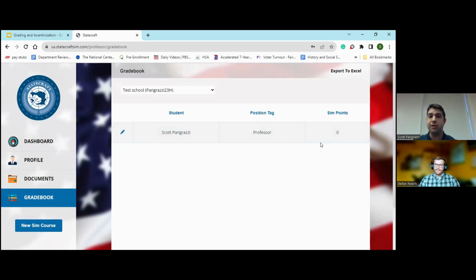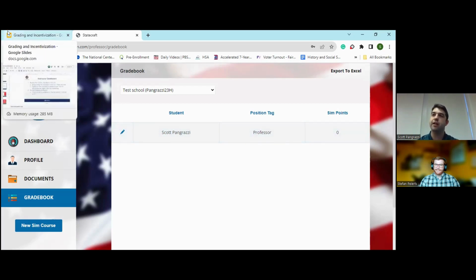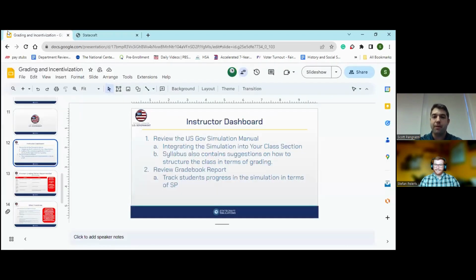Sometimes those students that are very grade focused struggle with making a decision because they're afraid of making the wrong decision. Sometimes you can recognize that by looking at where the sim points are after a period or two. That can be helpful to have conversations to nudge them that, hey, make a choice, make a decision here, and help them with that.